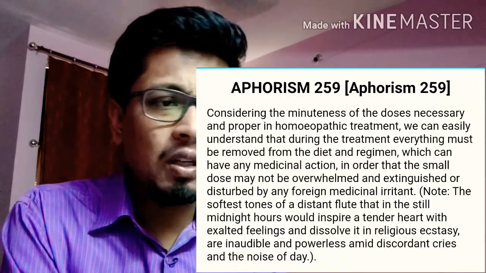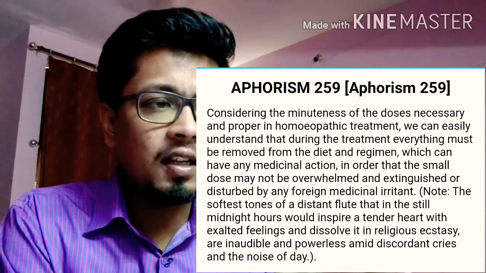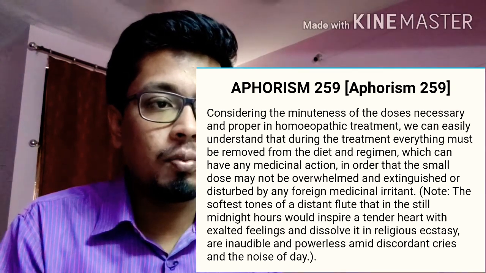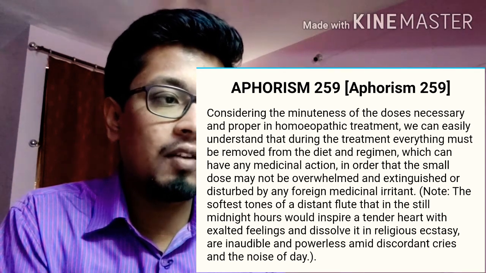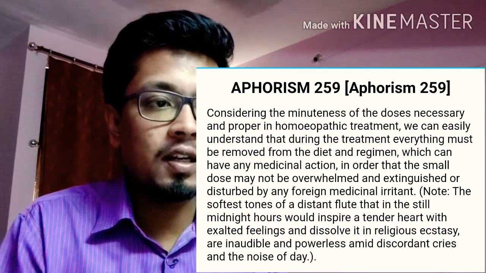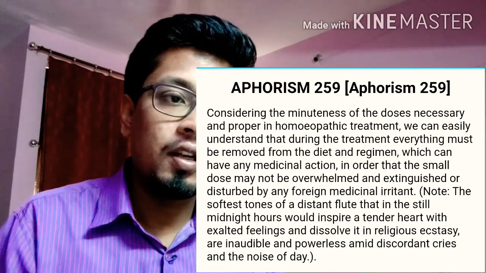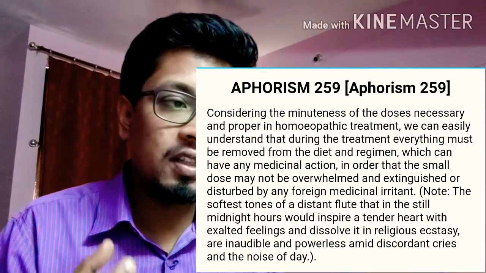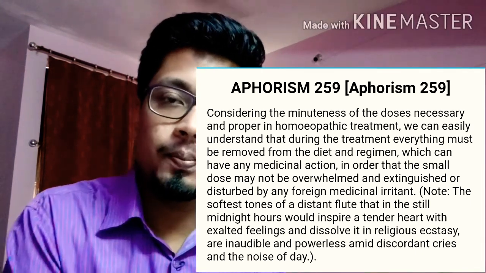In 259 Hahnemann tells that considering the minuteness of doses necessary and proper in homeopathic treatment, we can easily understand that during the treatment everything must be removed from diet and regimen which can have any medicinal action, in order that a small dose may not be overwhelmed and extinguished or disturbed by any foreign medicinal irritant.